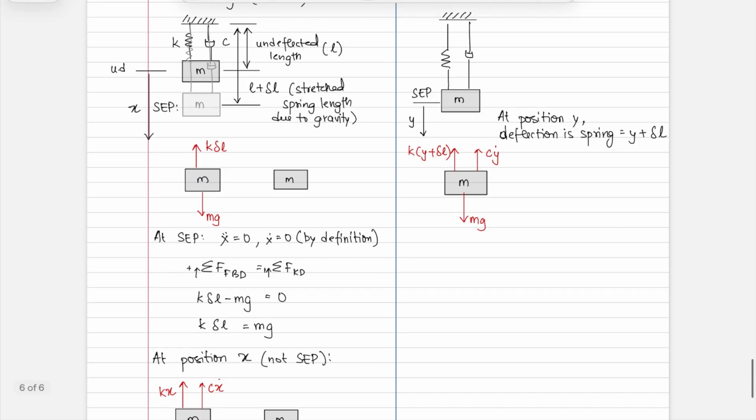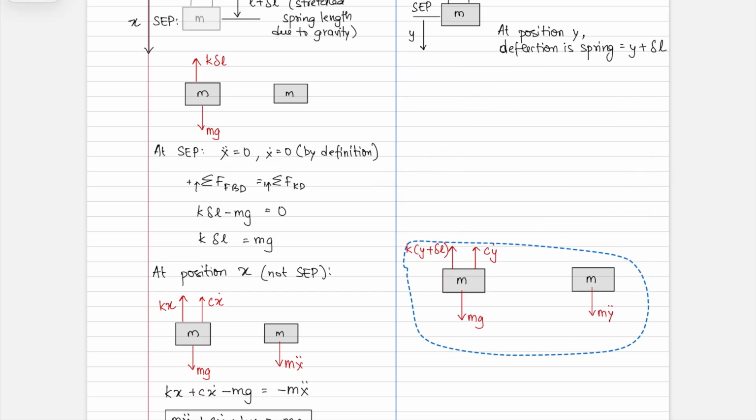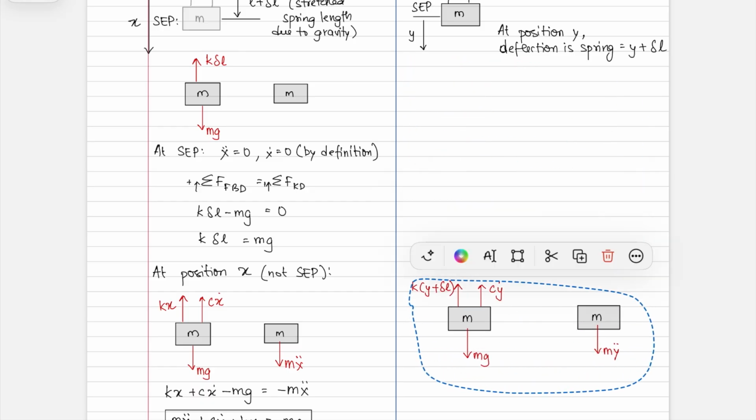Okay, so what about the kinetic diagram? You then have m y double dot, which is in the same direction, so it's this way. And now, to keep it consistent side by side, I'm going to move this here.